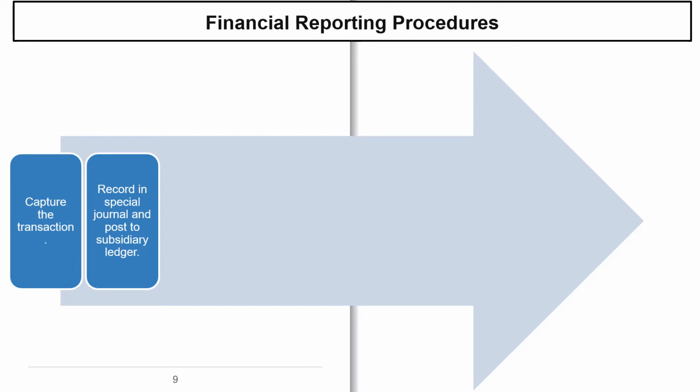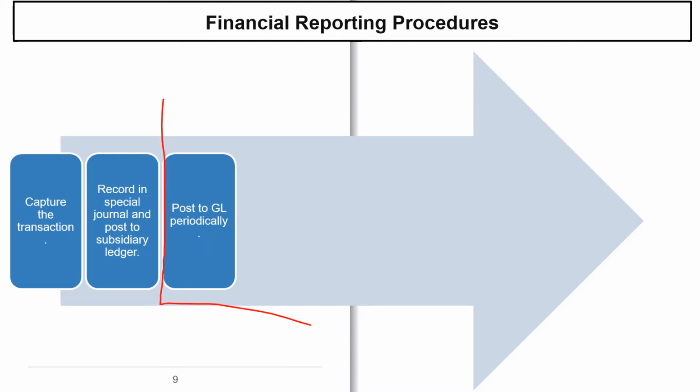Recording in a special journal and posting to the subsidiary ledger is also still located in the TPS, and then post to the general ledger periodically. And we can see from here it will be within the financial reporting system.